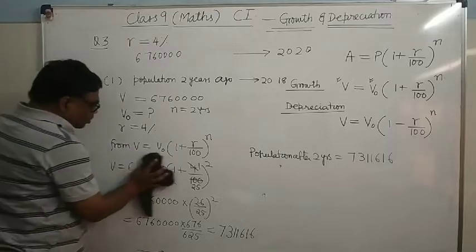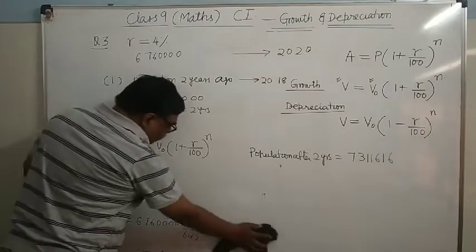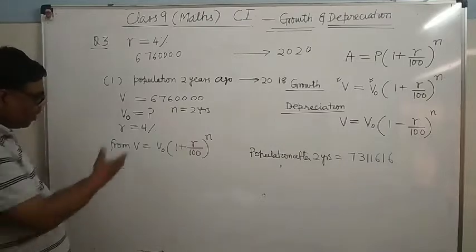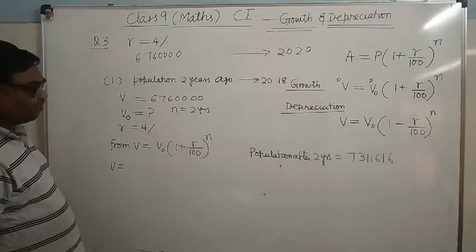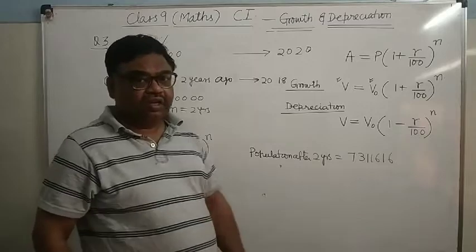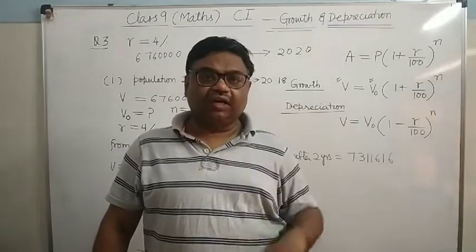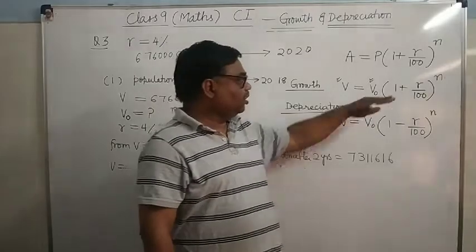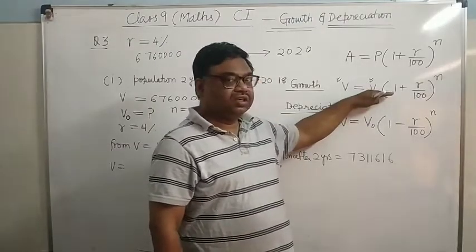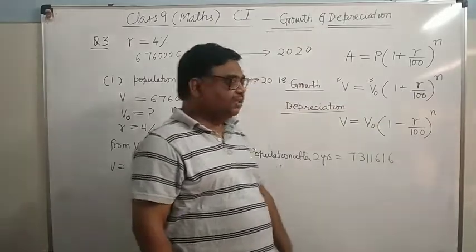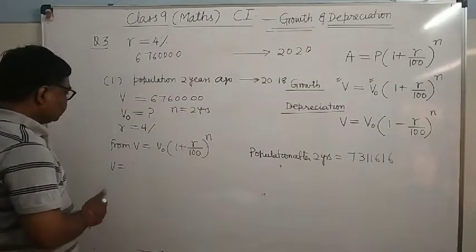You have to correctly recognize V and V naught. Now substitute the value, the formula will remain the same, because the formula decides whether it is a question of growth or decay. If it is growing, then this formula. It is clear? If it is depreciating, then this formula. So you will keep this thing in mind.